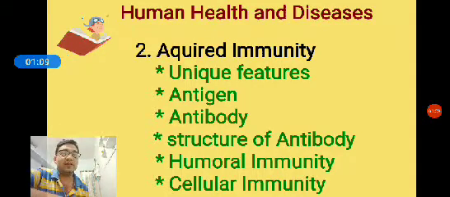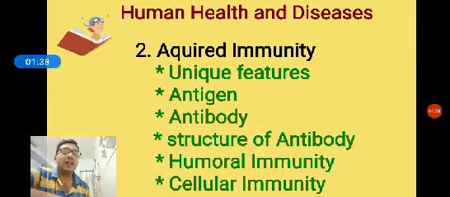In this class we will study the definition, unique features, then antigen, antibody, and structure of antibody. We will also study two types of immunity: humoral immunity and cellular immunity.